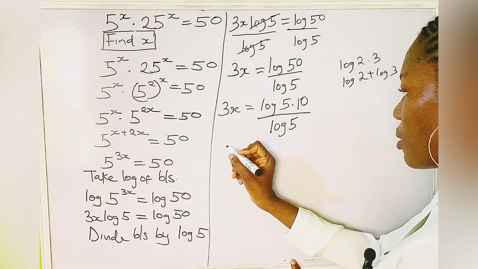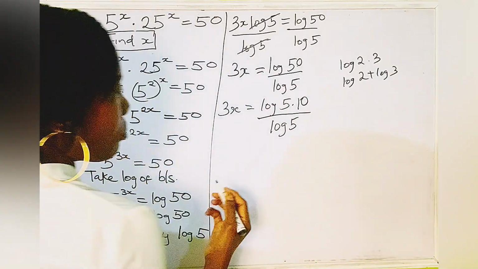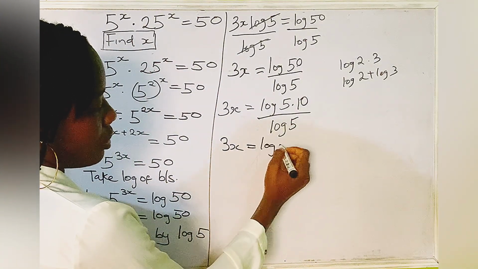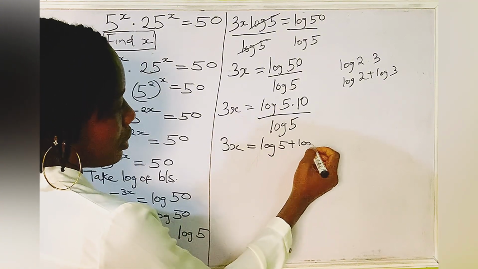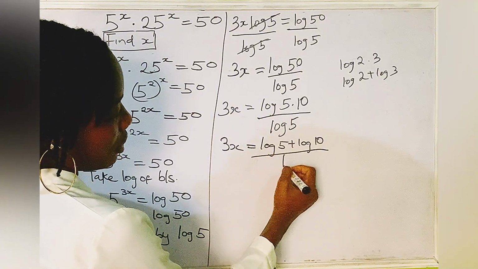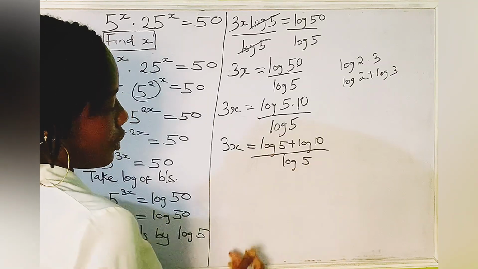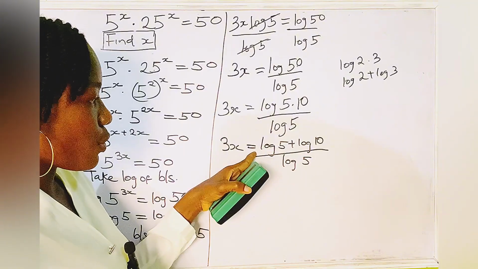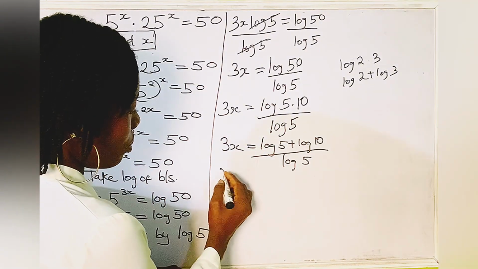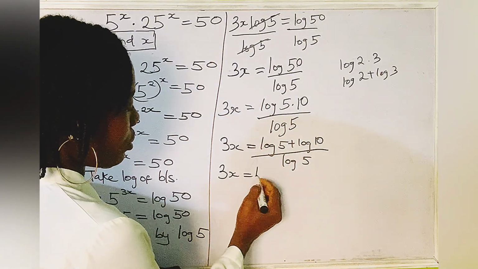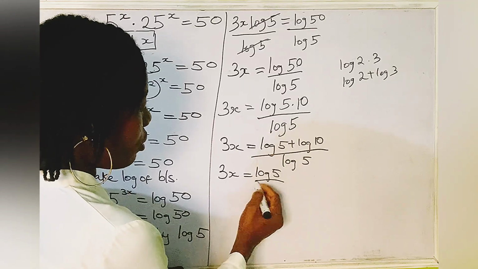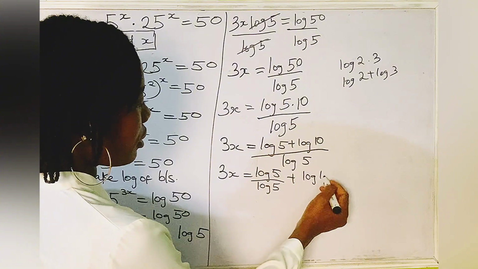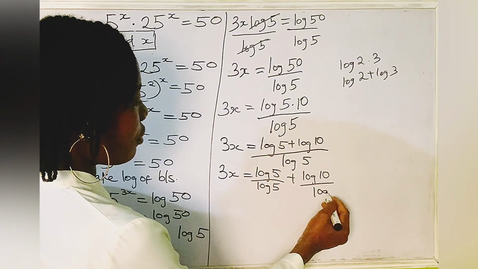So we have 3x is equal to log 5 plus log 10, all over log 5. The denominator log 5 applies to both log 5 and log 10, so we can say 3x is equal to log 5 over log 5 plus log 10 over log 5.